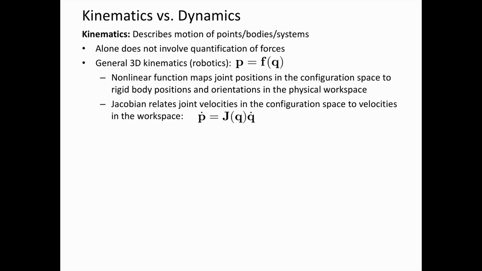It's a matrix, but one of the key observations here is that the quantities in this matrix depend directly on the position of the robot, and that's described using this vector Q, the configuration space. So J, this mapping, depends on position. This is a very nonlinear relationship.